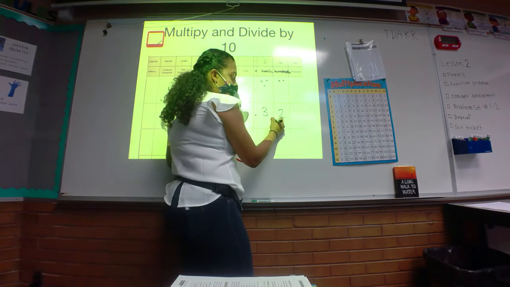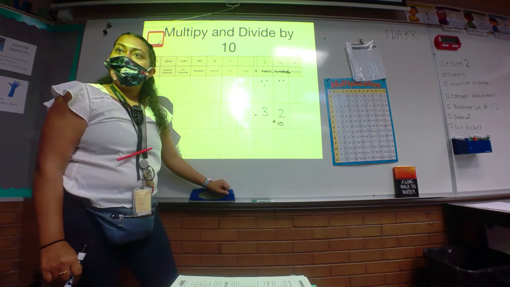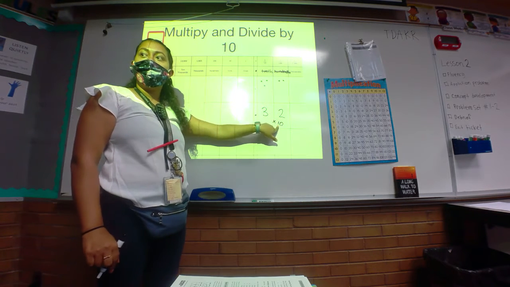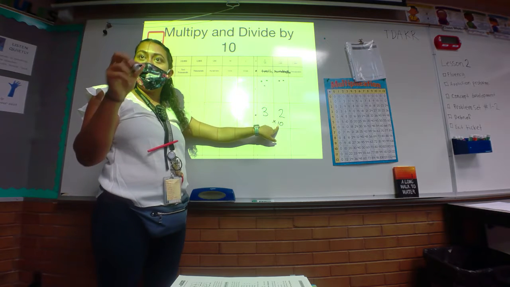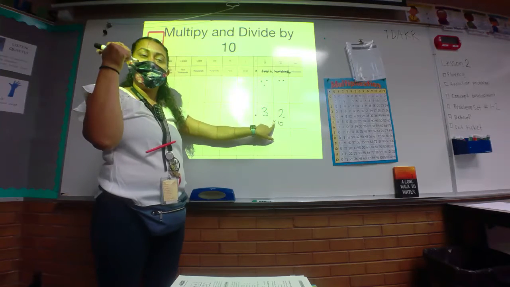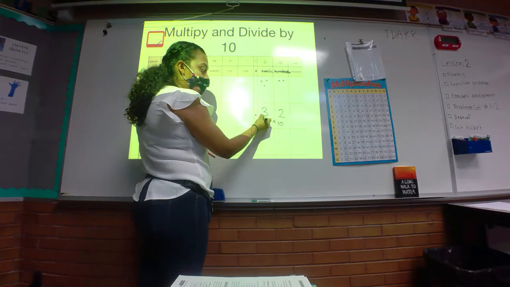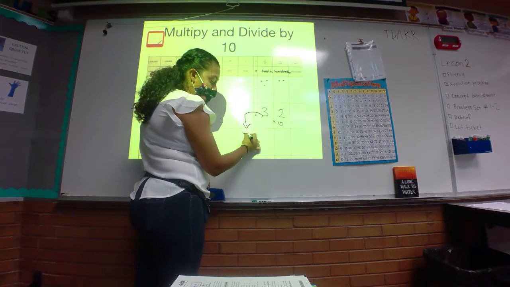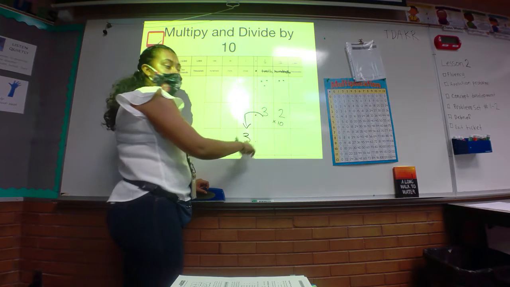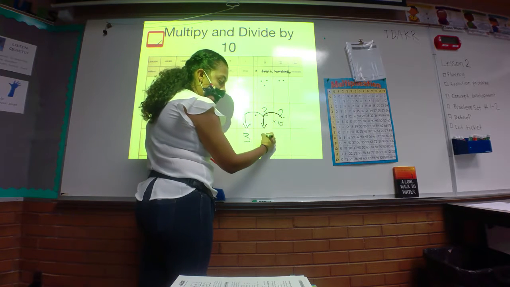Okay, we're going to times it by 10. How many shifts? 1 shift. Left or right? To the left, because we're multiplying, okay? So 1 shift, ready? 1, drop it down. The next one, the next digit, 1, drop it down.